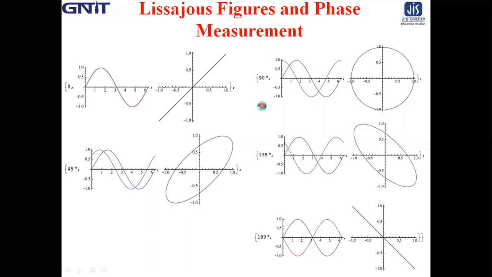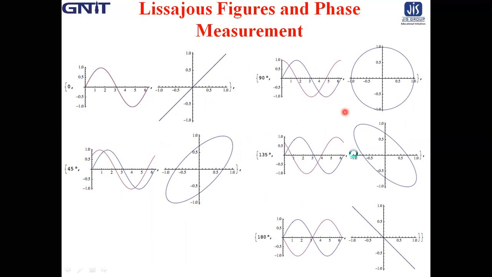Two sine waves of the same frequency produce Lissajous figures, which may be a straight line, an ellipse, or a circle. That depends on the phase and amplitude of the two signals.